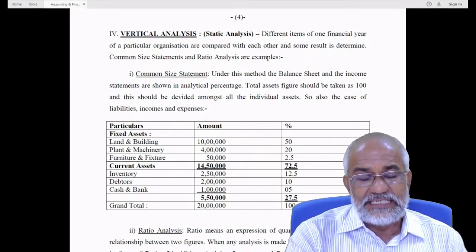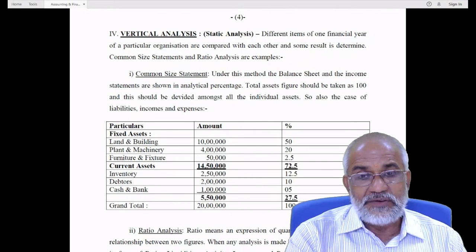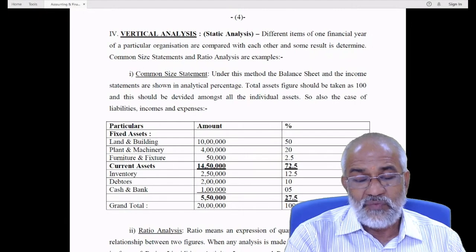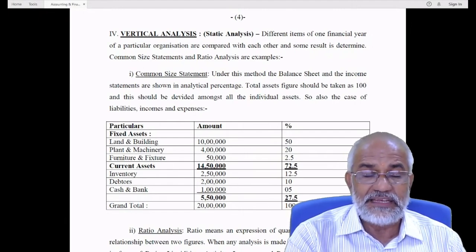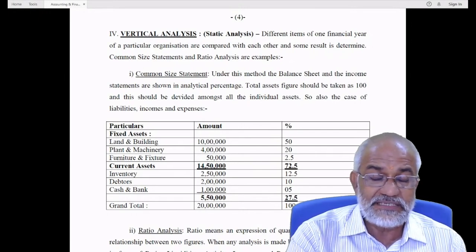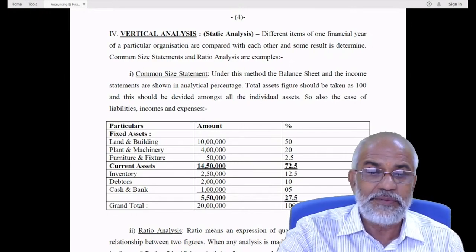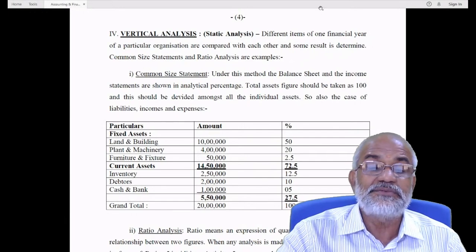So vertical analysis is always done on the basis of figures of a particular year of one and the same organization. But in case of horizontal analysis, what happens? The different figures for the different years are compared with each other for determination of certain result.